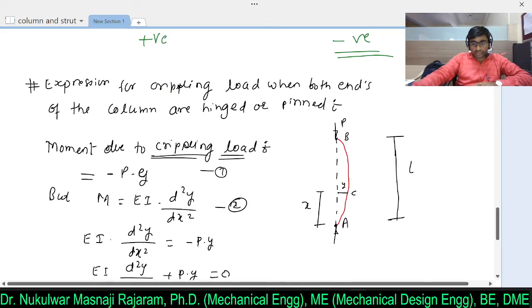Now here if I consider the value, this is the distance along vertical direction, x is there. Simple. So at A, x will be 0 and at B, x will be equal to L, the length of the column. Simple.